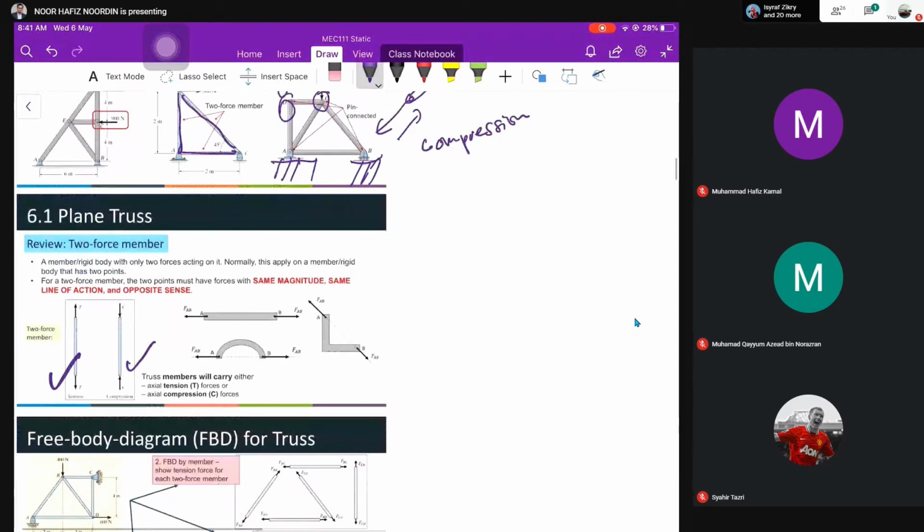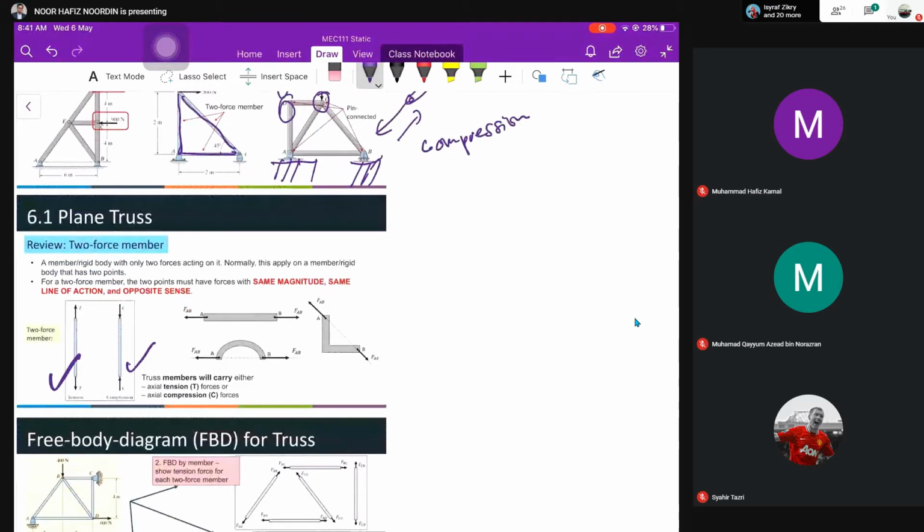So these are the example of two force member. Kita ada force, contoh yang nombor satu ni tensile kan, A to B, and then at the same line. For a two force member, the 2 points must have force with same magnitude, same line of action and opposite sense. Itu baru kita panggil sebagai two force member.